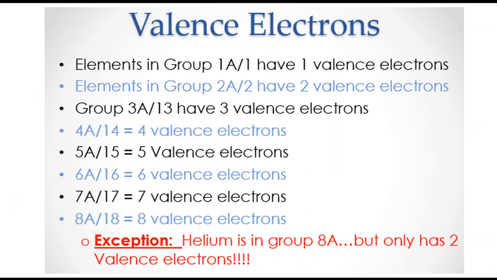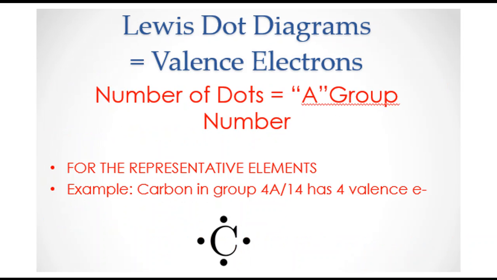Now, before we continue on, just want to go back over that valence electron system, 1A, 2A, 3A, and so forth, because now we're going to use the valence electrons to represent the Lewis dot structures. They're a little bit different, and applying those valence electrons. Helium, of course, still only has 2, so I noted that exception again, just to make sure we're all getting that. What is a Lewis dot structure?